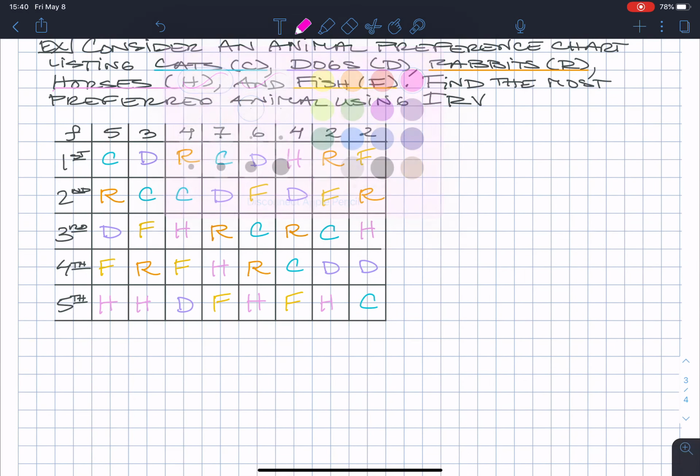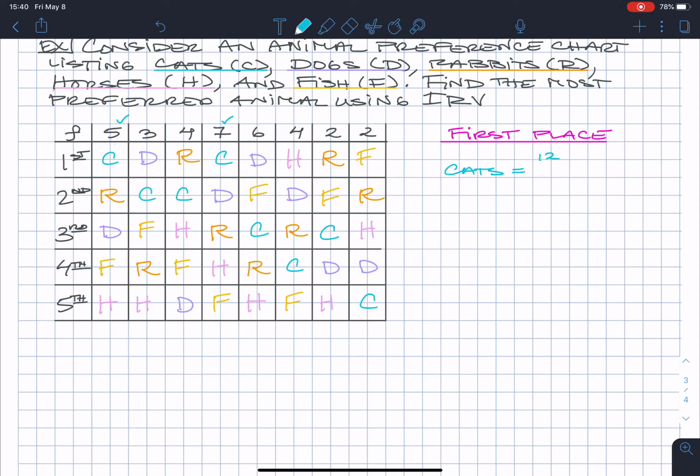Okay. So let's look at our first place votes. We only really care about who's in first place because we're going to eliminate the least popular first place vote. So we have cats, and that is going to be 5 plus 7, which is 12.